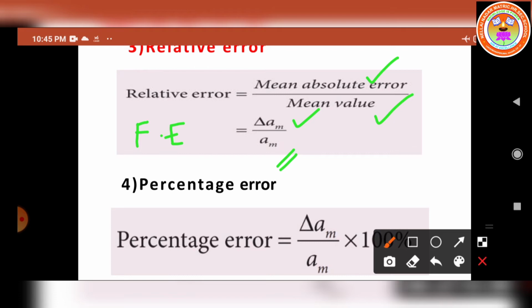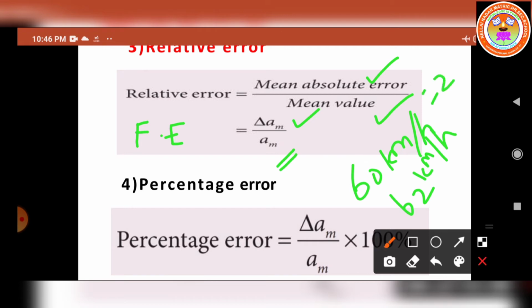For example, a driver's speedometer shows that his car is traveling at 60 km per hour when it is actually moving at 62 km per hour. Then the absolute error of the speedometer is 62 minus 60, which is equal to 2 km per hour.